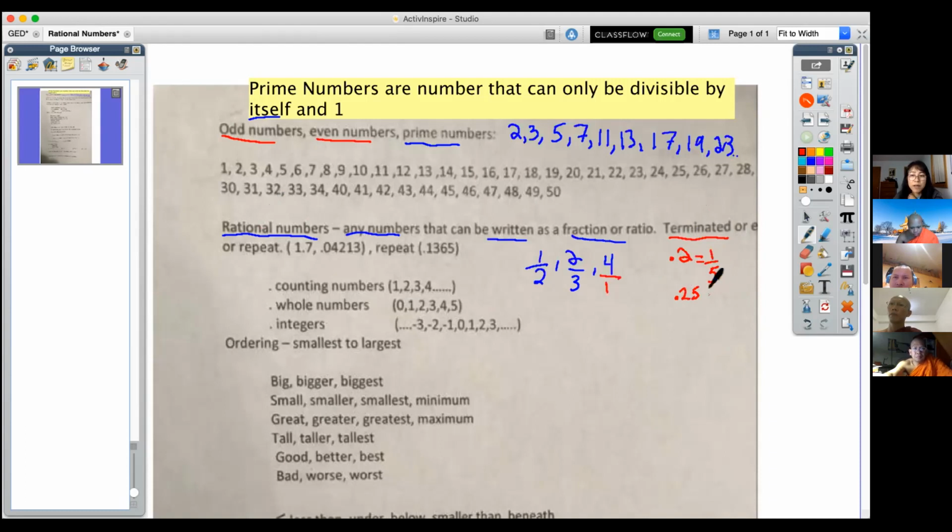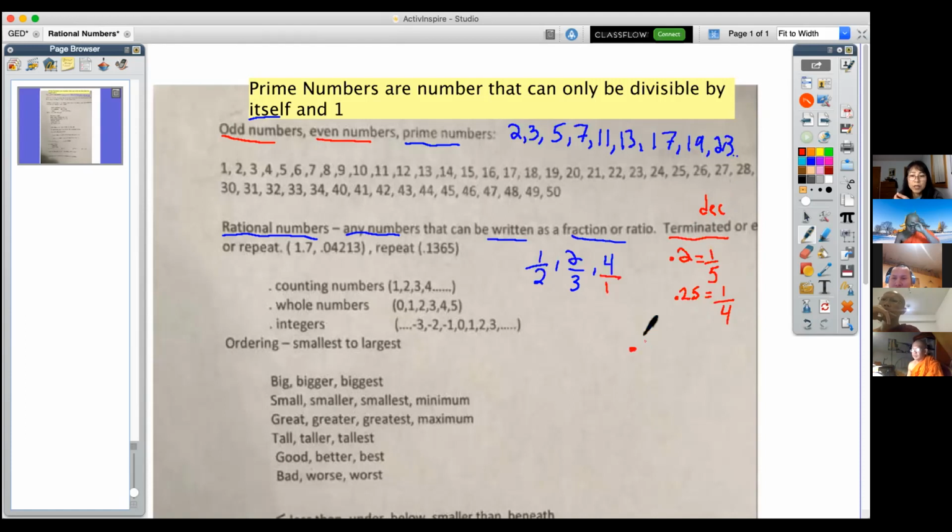What is 0.25? 0.25 is 1/4. So they said, if you don't know how to convert it, terminate means ended, like a decimal. If you have a terminated decimal, that means it's a rational number.